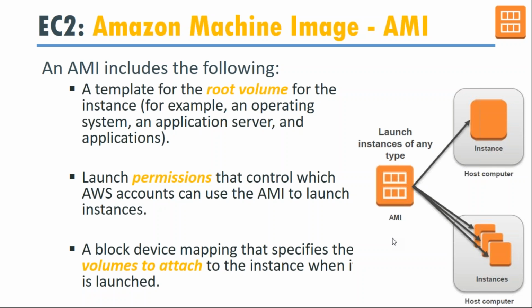And you can also have some additional disks attached to it, predefined. For example, if your environment needs an external disk or additional volume to run properly, you can define those device mappings in the AMI itself. So whenever you start an instance from that AMI, it will try to find that particular EBS volume and attach it when you are running it.